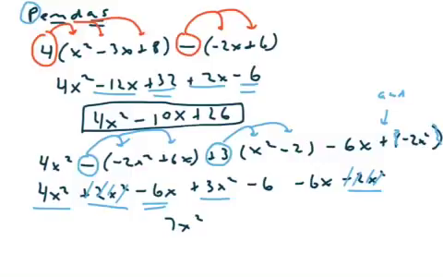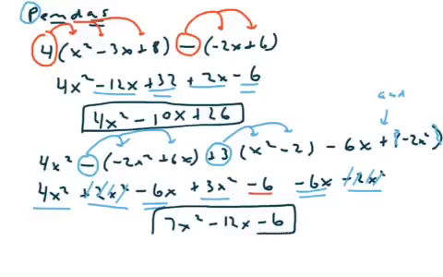Negative 6x and another negative 6x. Now that's not 0. They're both going down. So negative 12x. And then the caboose would be any constant I might have. And I do have a constant, negative 6. I don't see any other constants. So negative 6 is on the end. Box that up. And there you go.